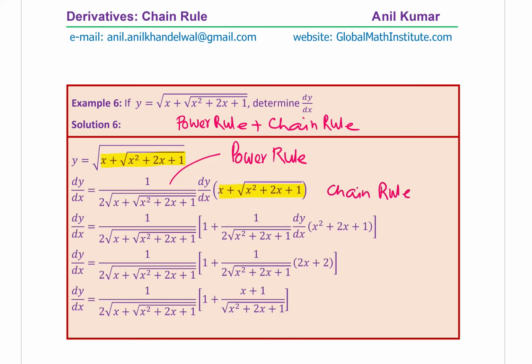Now, you need to find the derivative of the inside function, which is right there. Derivative of x is 1, so we get derivative of x is 1. And now that square root function, you have to again apply the chain rule. Do you see that? So we are applying the chain rule once again. So second time chain rule.